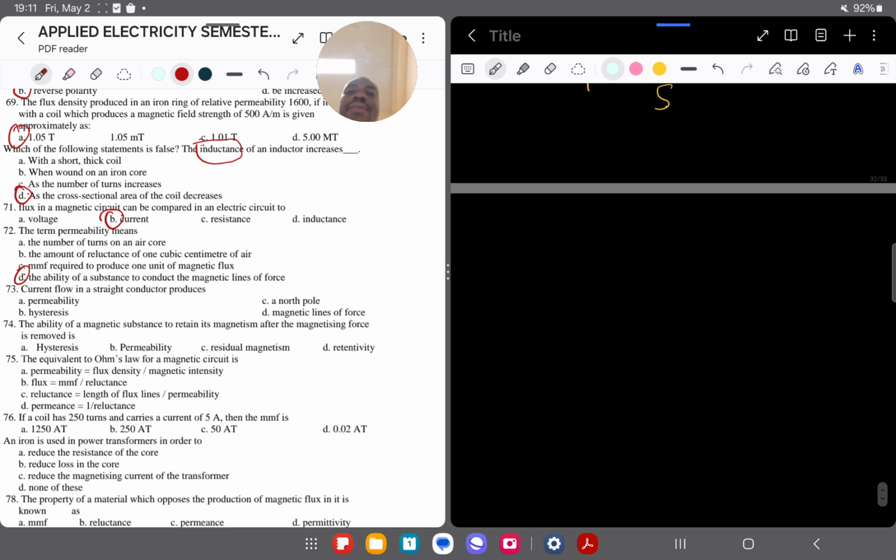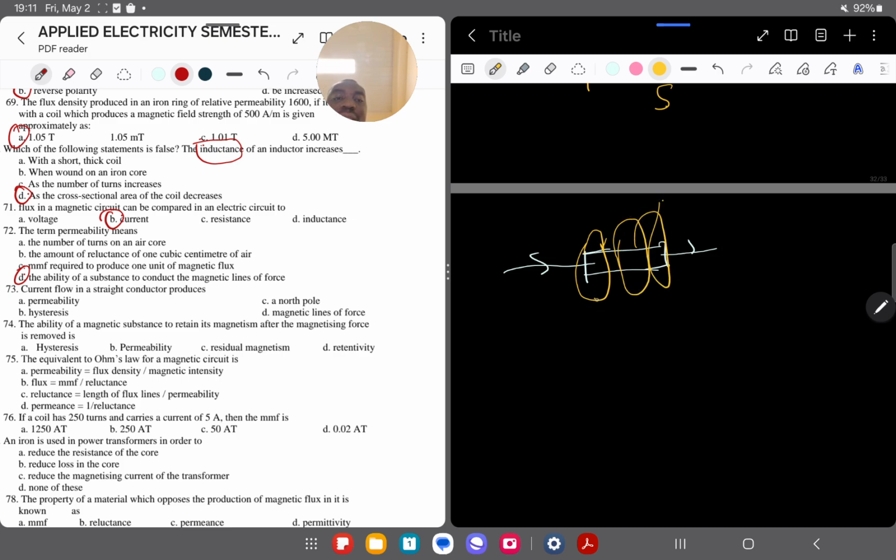If you have a material, like in this case a conductor, and you pass current through it, we know that there is going to be a magnetic field around it. This is just a rough sketch.